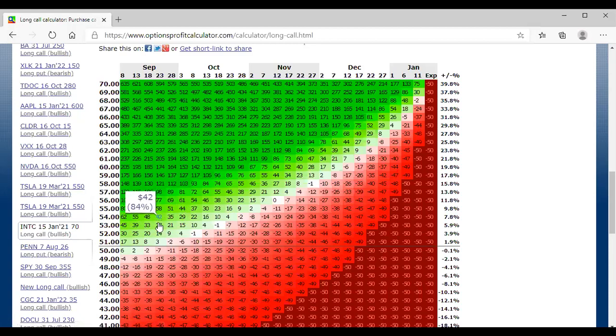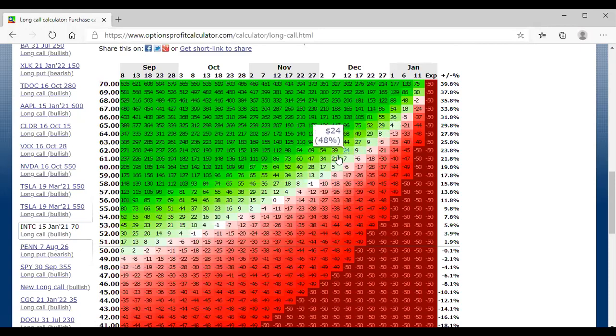The moment it came into the white, so this is your break even. Your break even, the way they talk about it, at the end of your expiration is what you have to get to for you to break even, right?